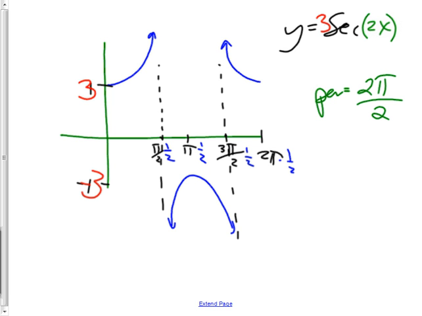Okay, so all you have to do for all today's problems is do it as if you were graphing sine or cosine. And then when you're all done, you just got to throw in a couple asymptotes and make the thing ride on its sister's back. So if it was like this in the first place, that's cosine, right?